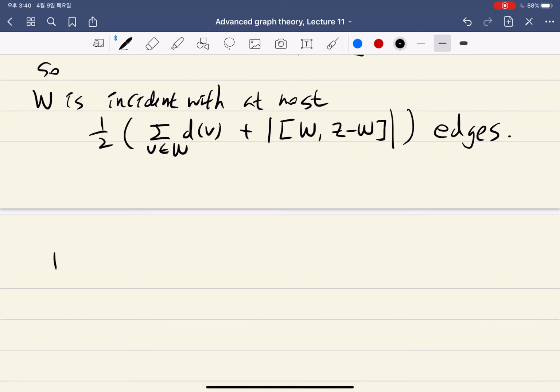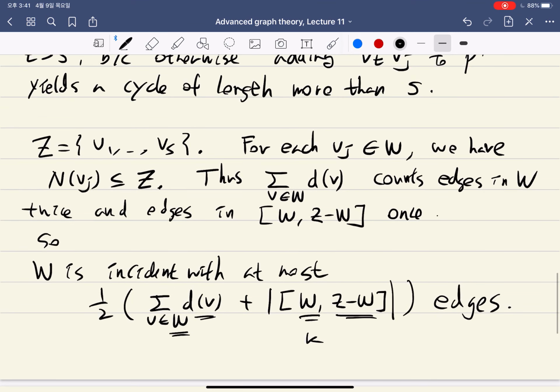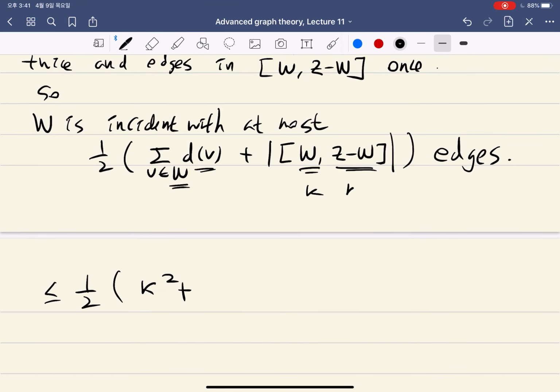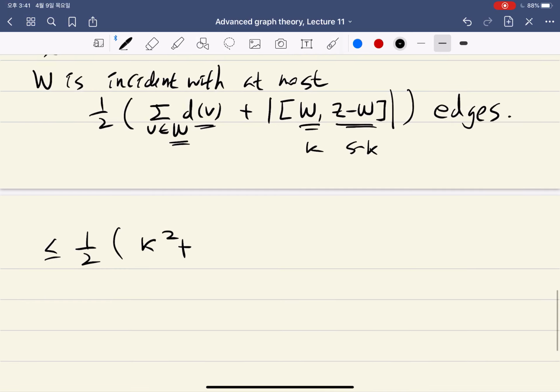And what do we know? That is actually half times K. So each of them is at most K, and W has size K, so K squared, plus W has size K and G minus W, since W all lies in G, has size S minus K. So K times S minus K, which is at most Ks over 2 edges.